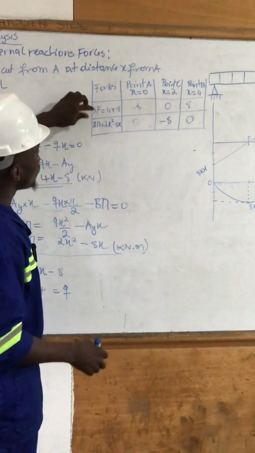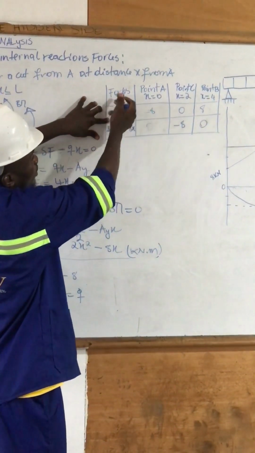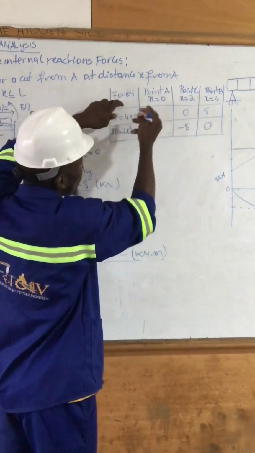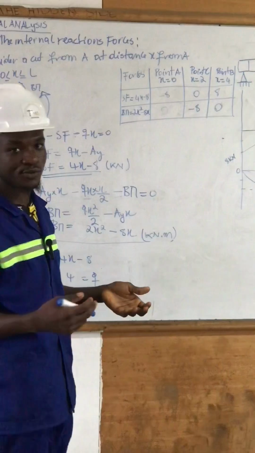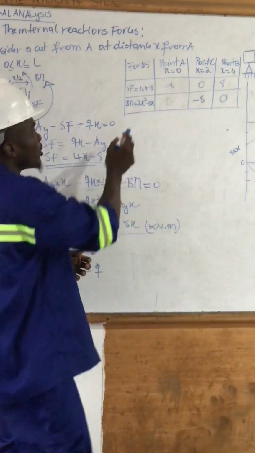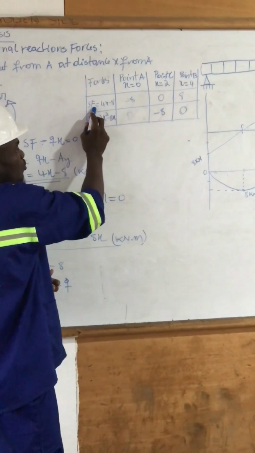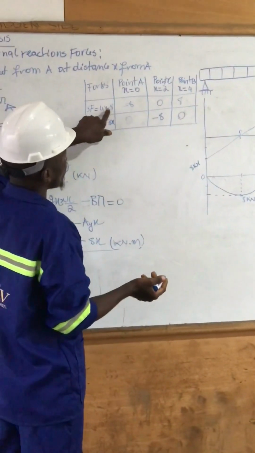Here you have the shear force equation. As usual, the table is made in such a way that the first column corresponds to the forces and the other columns correspond to the various points that you choose to plot your diagram. The first line corresponds to the shear force expression, which is 4x minus 8.